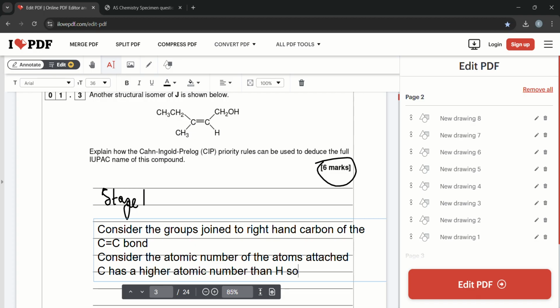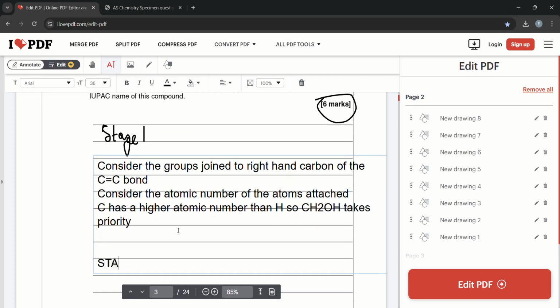than H, so CH2OH takes priority. Then the left-hand carbon of the carbon-carbon bond.